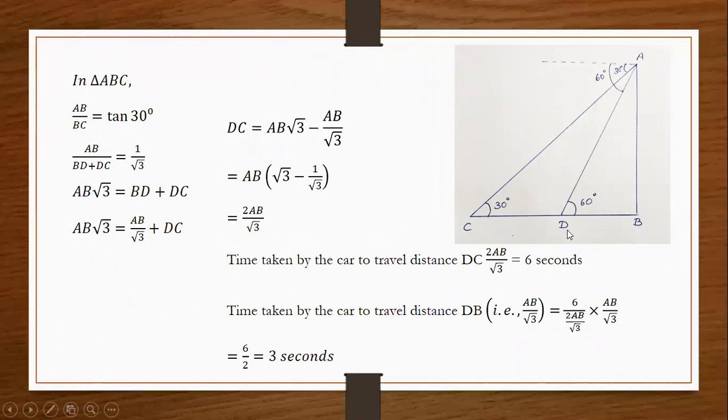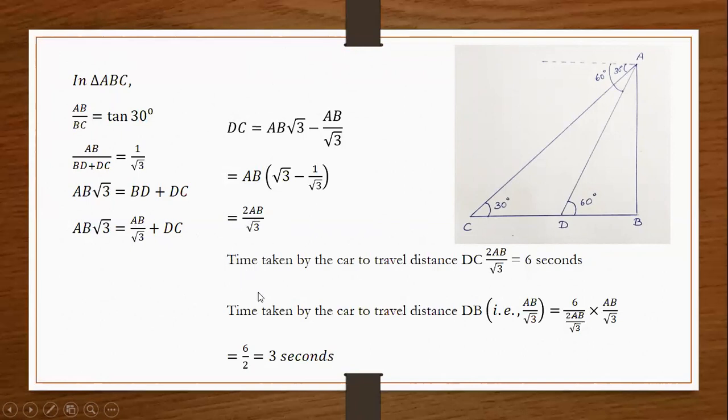BC can be written as BD plus DC, and tan 30 degrees is 1 by root 3. Cross multiplying, we get AB root 3 equal to BD plus DC. We already got that BD is AB by root 3. So we substitute that and take AB on the same side. So DC will be equal to AB into root 3 minus 1. When we take the LCM, this will be 3 minus 1, so 2AB by root 3.